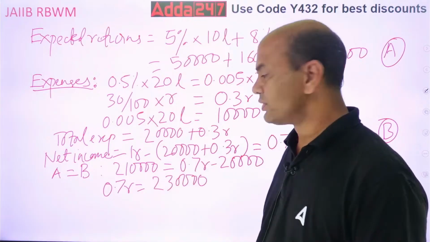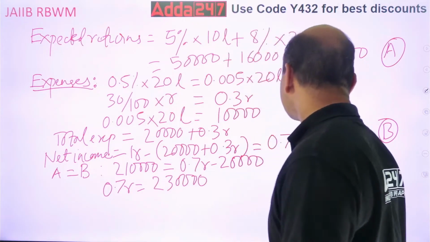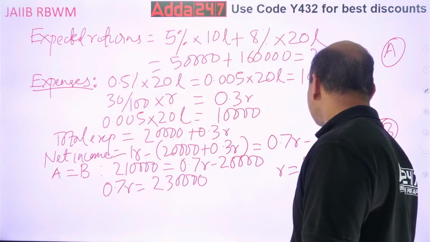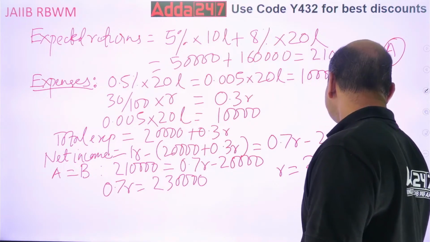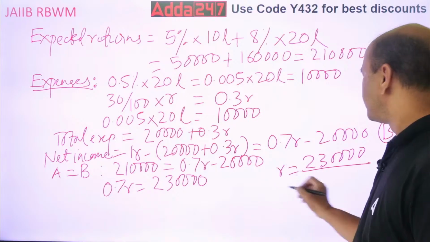R equals 2,30,000 divided by 0.7. So what is the answer?